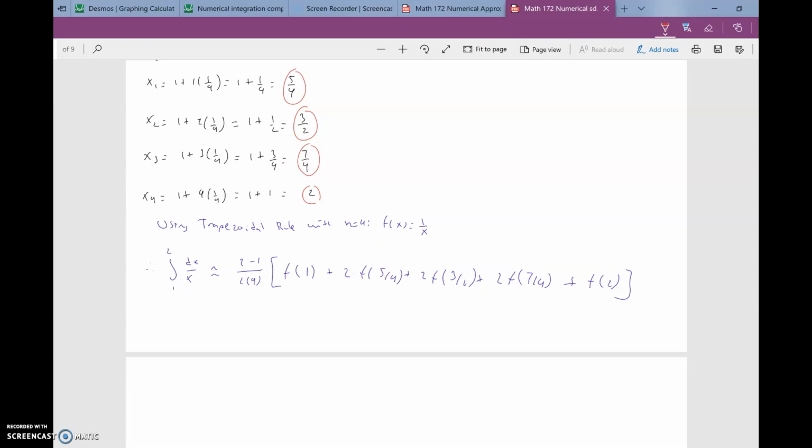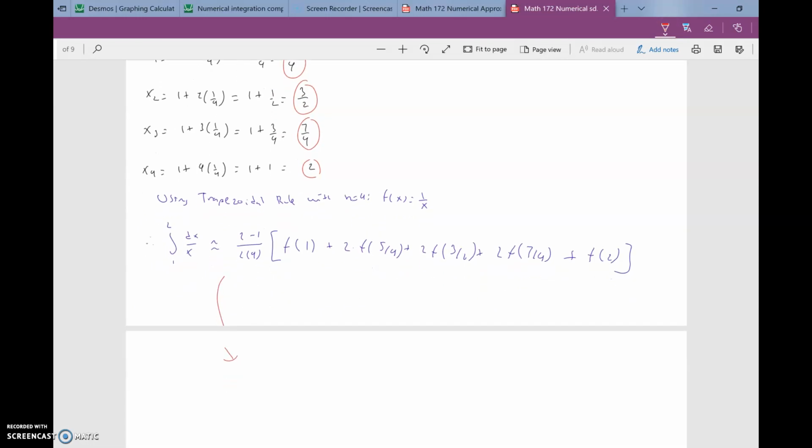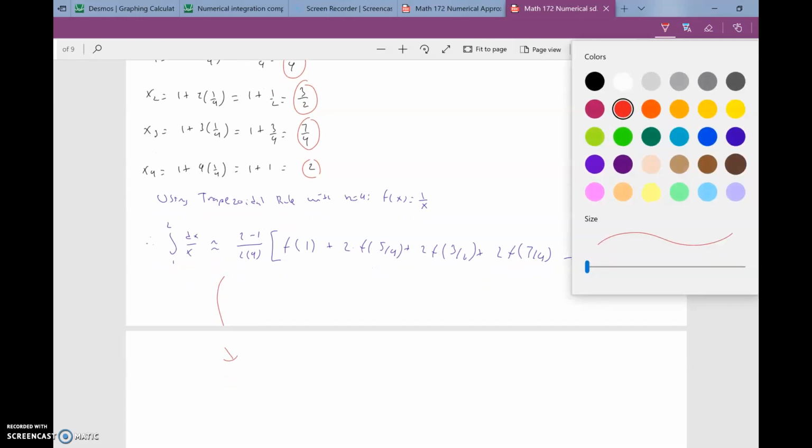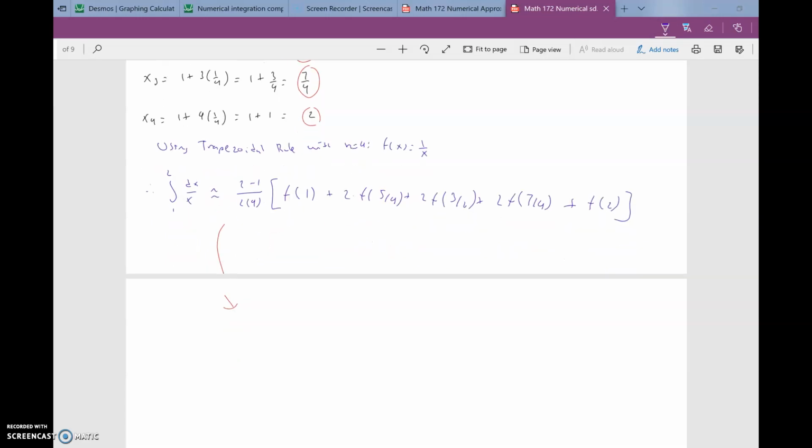So let me move this to the next page. And we're looking at the following approximation.